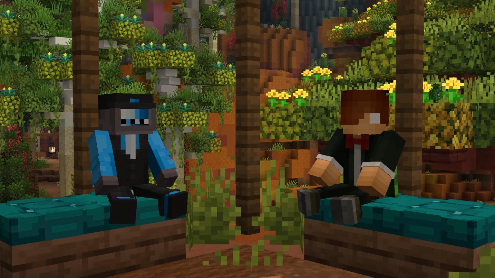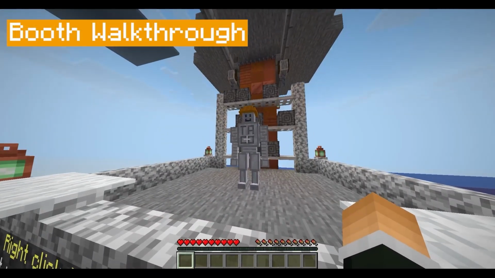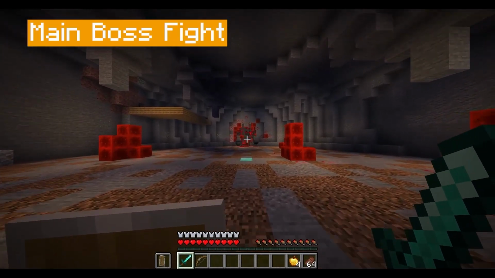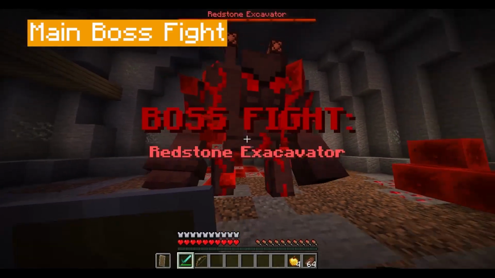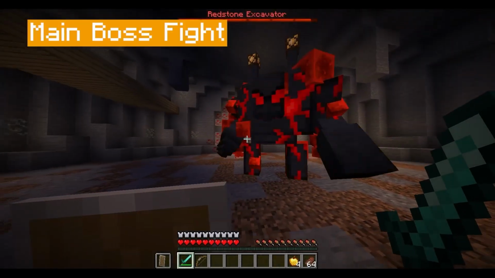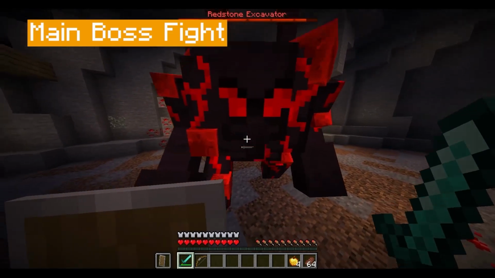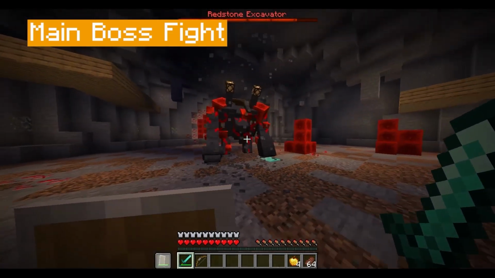Yeah, so the booth, the top part, is mostly just explaining how the system works, what customizations the player has access to. Well, not the player, but the person working with the system. But the main part of the booth is going to be the boss fight, which is one that I completely made for Summit. So it's not ported from anywhere.